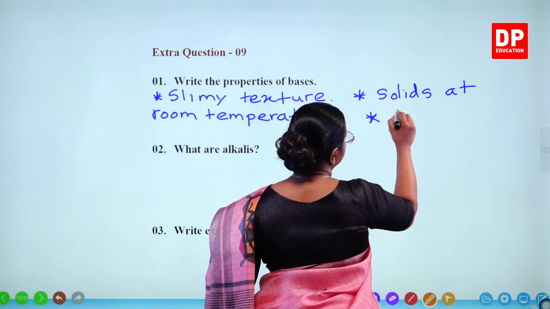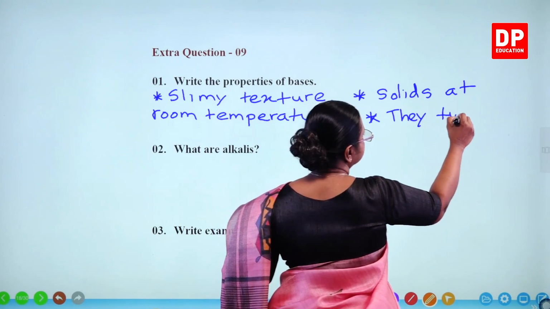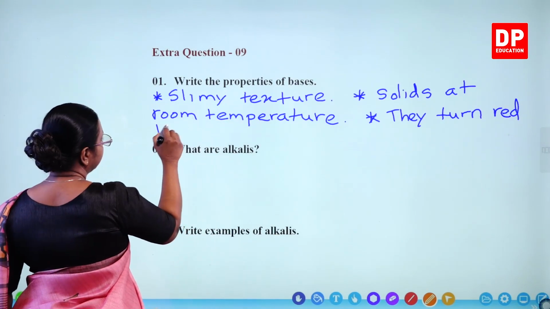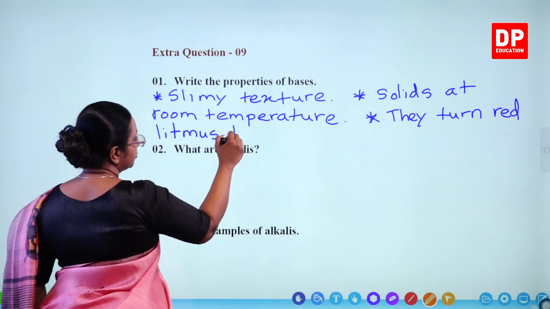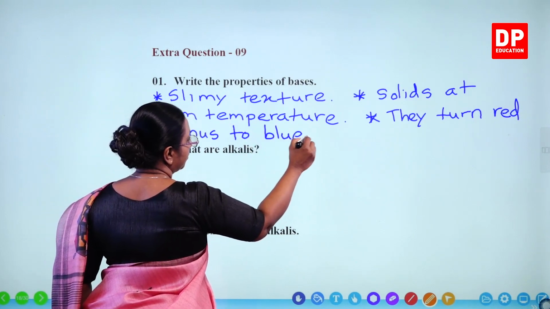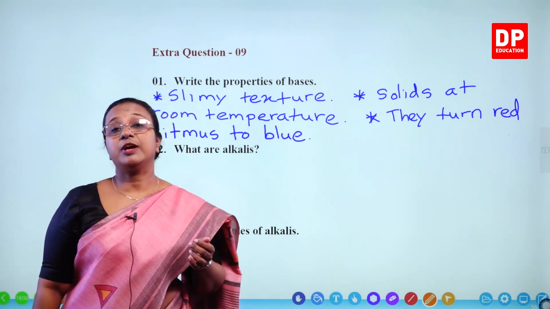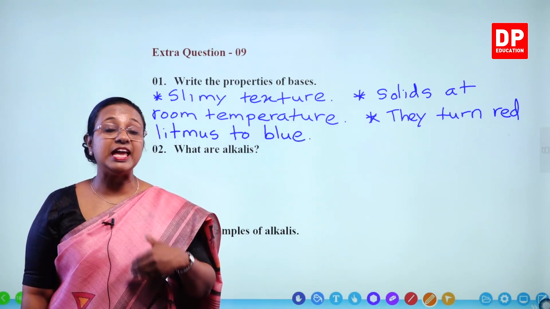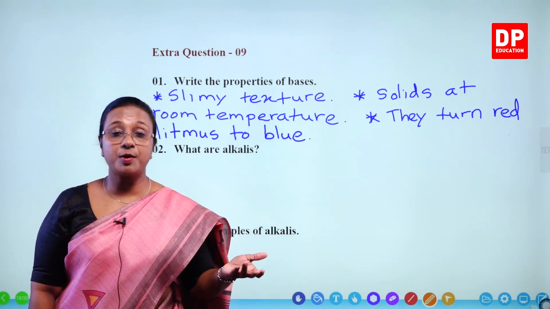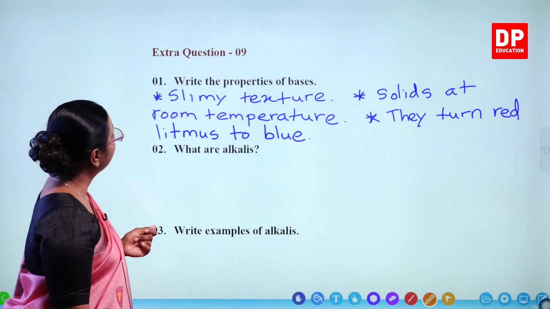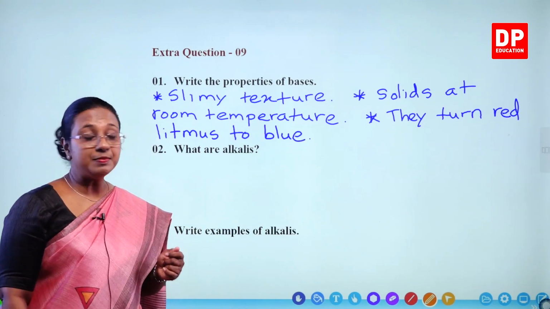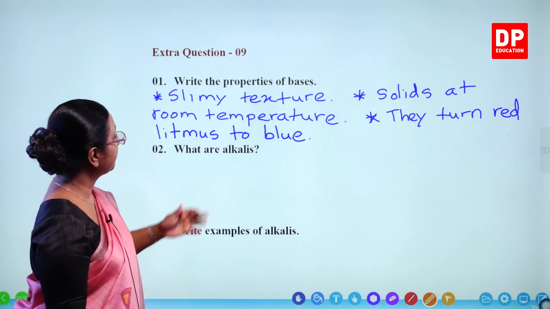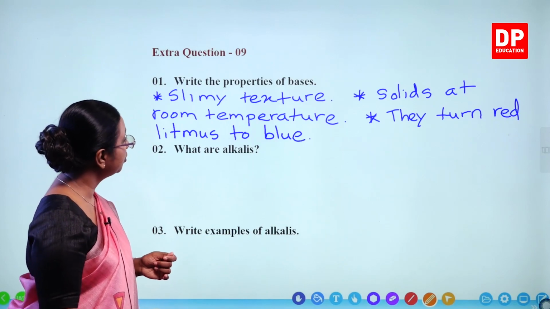And also they turn red litmus to blue. If you like, you can also say the pH of bases is greater than 7. It's from 8 to 14. That is also a property. But here, since they haven't mentioned any number, I'll just stick to these three. Slimy texture, solids at room temperature, and they turn red litmus to blue.